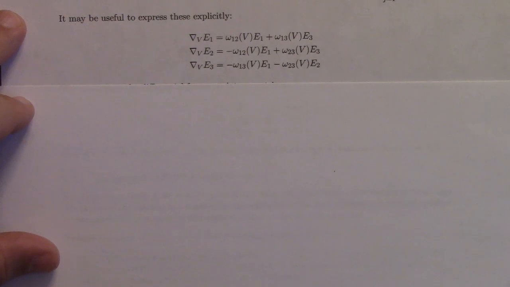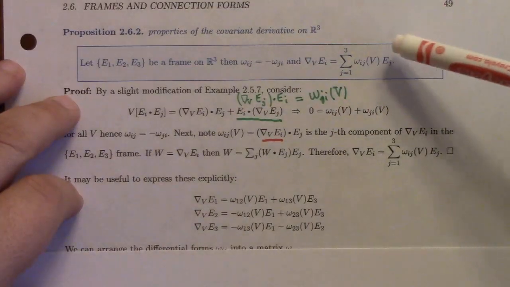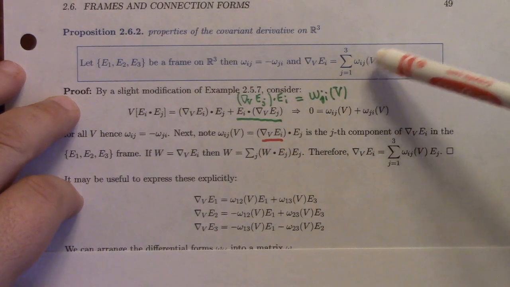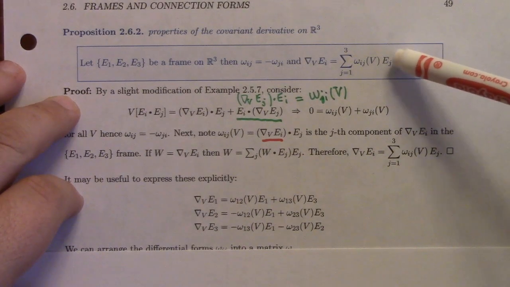I do believe there is a mistake here. Let's see. Yes, so this proposition right here said what? The sum of omega ij, Ej. So the j on the omega has to match the Ej there, right?